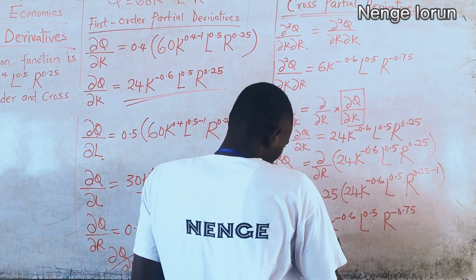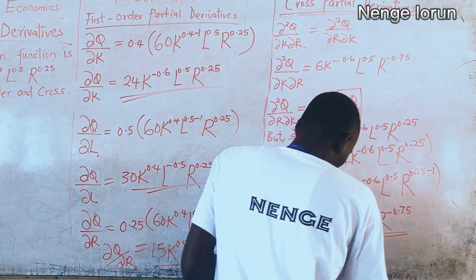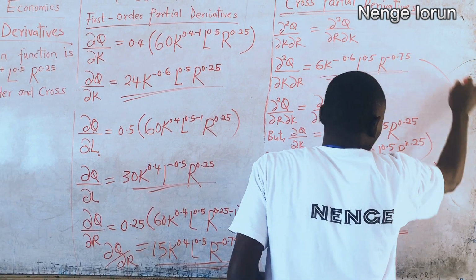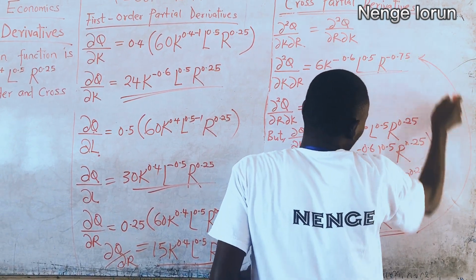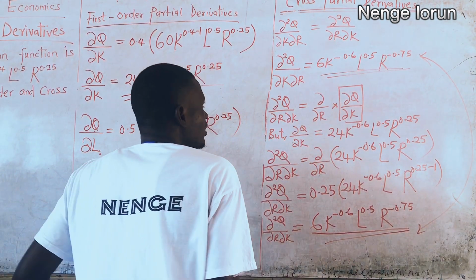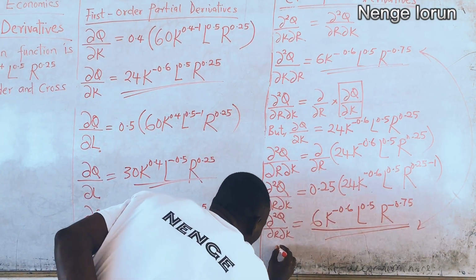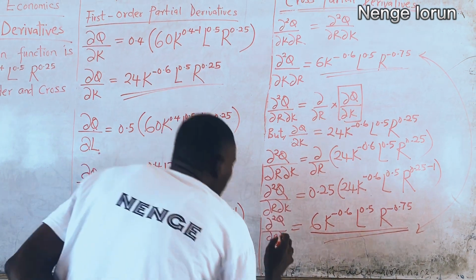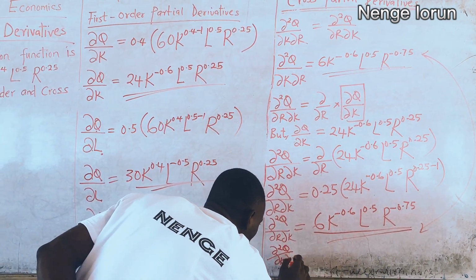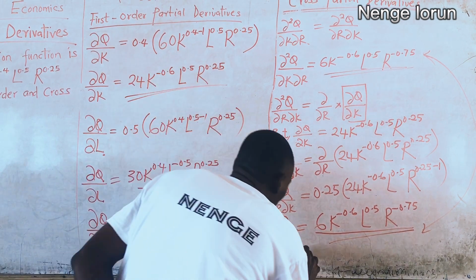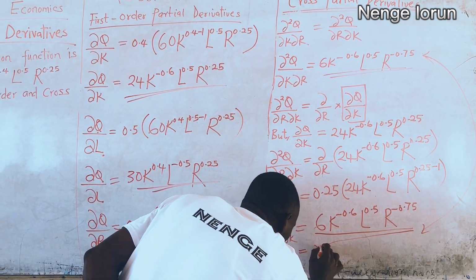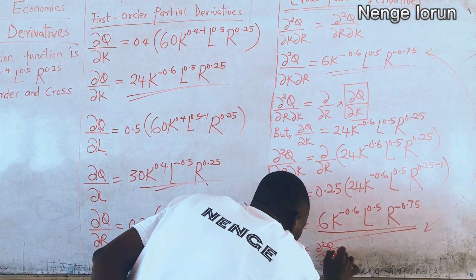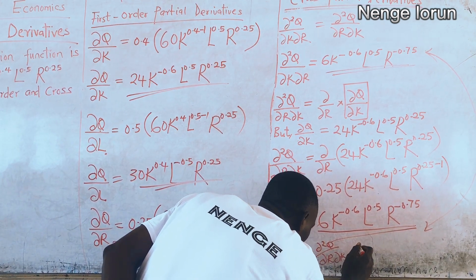So you will agree with me that this is equal to this. So it has been proven that cross-partial derivatives are equal. It therefore means that the cross-partial derivative of q with respect to k with respect to r is equal to the cross-partial derivative of q with respect to r with respect to k. This has been proven.